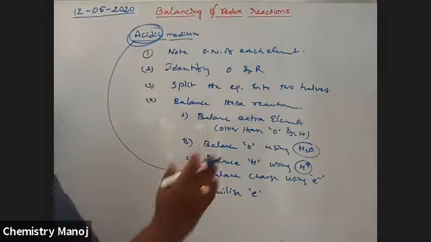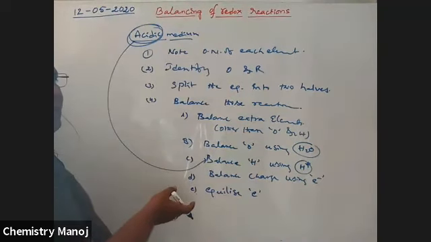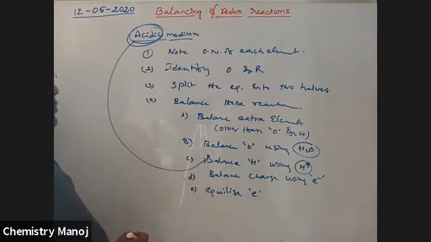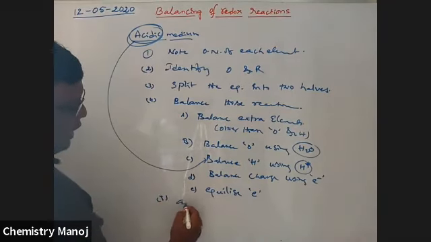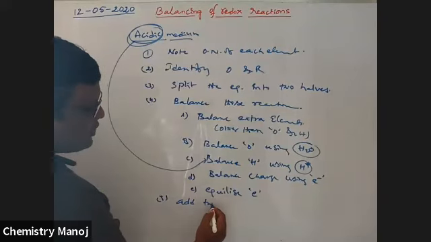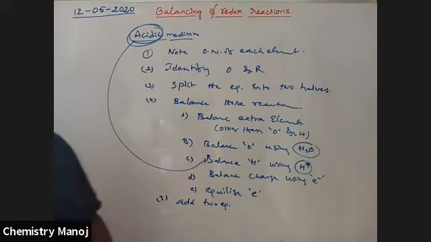That means multiply the quotient of electrons to this equation, and the quotient of this one to that equation. Next, last one, add the two equations. That is the balanced equation.